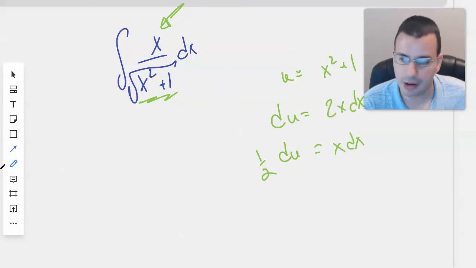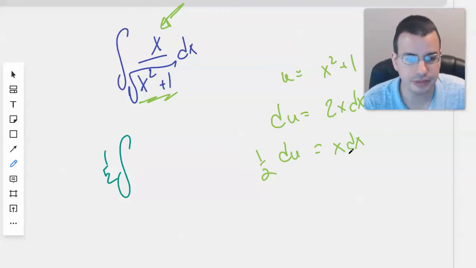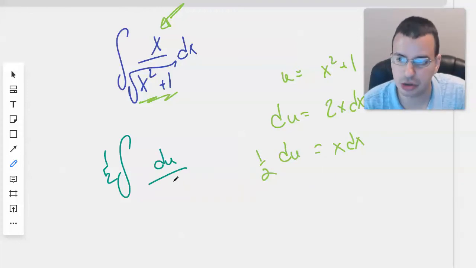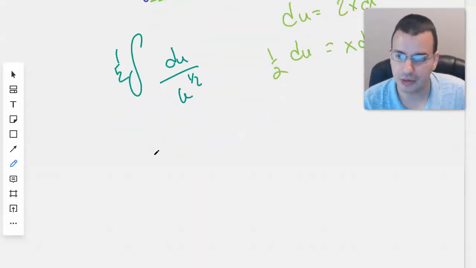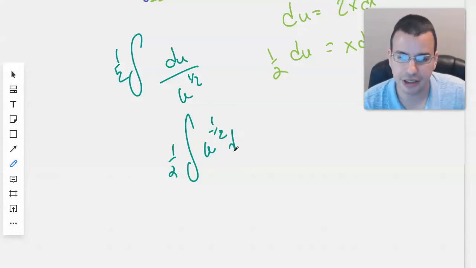Okay, now we're ready to substitute. Integral of 1/2 x dx, which gives us the du, and x squared plus 1, that's u to the 1/2. Rewriting it one more time so it's more obviously the power rule, integral of u to the negative 1/2 du.